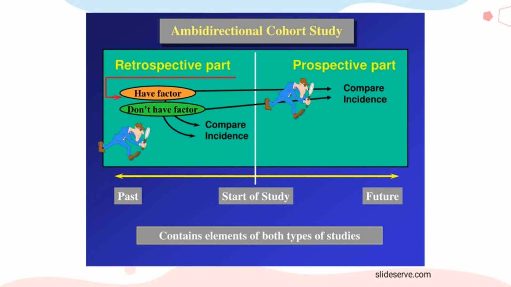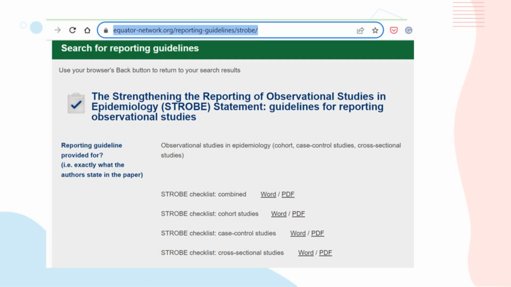An example would be a research project investigating the link between prenatal marijuana exposure and child development, where researchers would retrospectively collect data on mothers' marijuana use during pregnancy from medical records and then prospectively follow those children to assess their developmental outcomes, allowing them to analyze both exposure and outcome information within the same cohort.